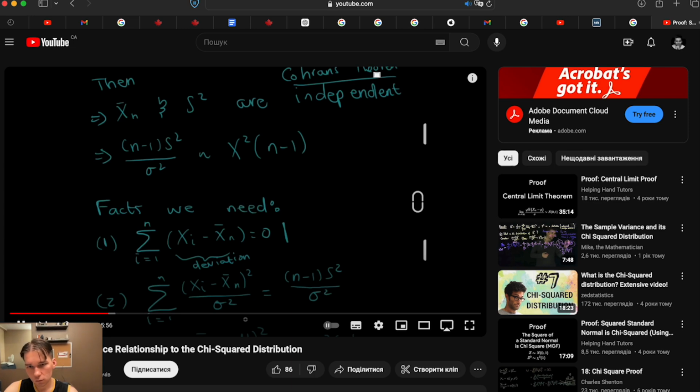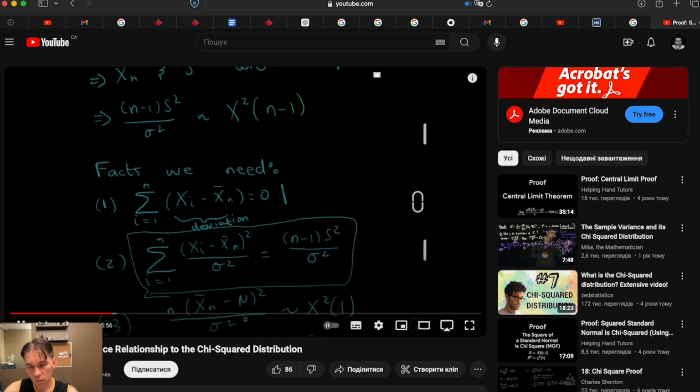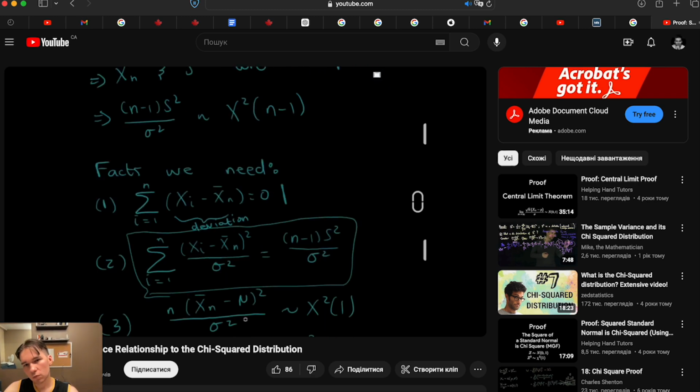So you can look at the PDF. What it's saying is that if we take all of our observations and subtract our sample mean, then square that and divide by our population variance, that's equivalent to taking our sample variance, multiplying by n minus 1 and dividing by our population variance.